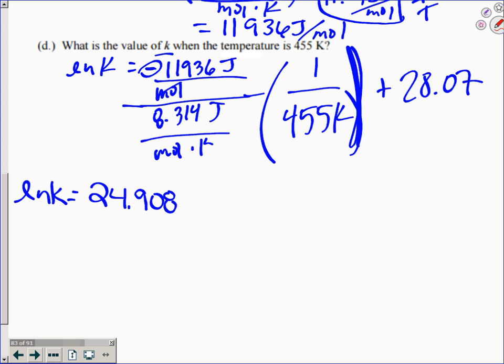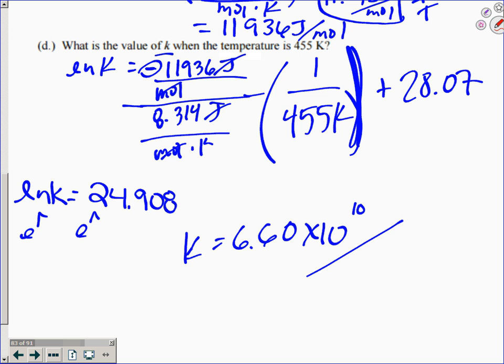Joules per mole cancel, and the Kelvin comes up to the top. That's how we've been talking about slope anyway. Kelvin cancels with the 1/455 Kelvin. Who got approximately this? Okay, I did too, thank you. And how do you negate ln? E. Okay, so K is equal to 6.6 times 10 to the 10th per time.